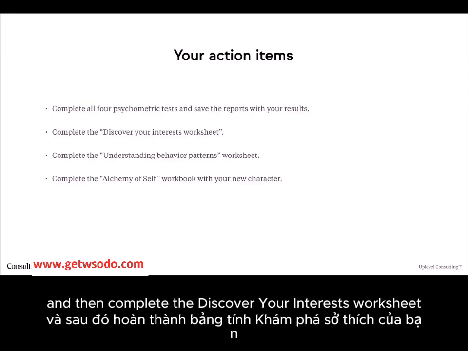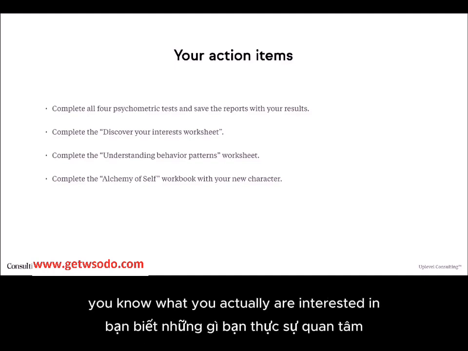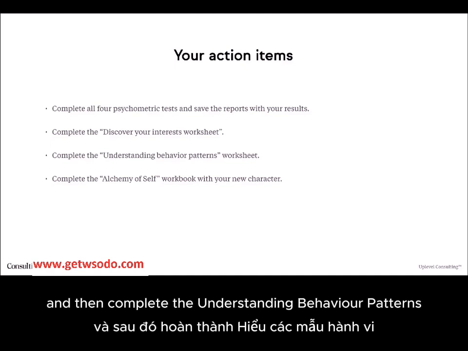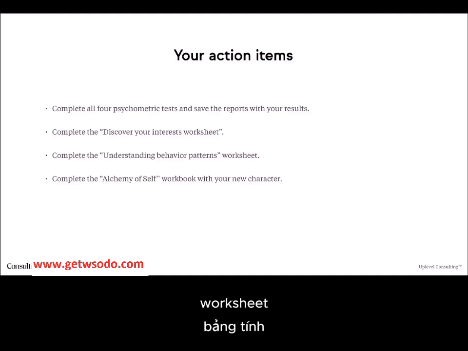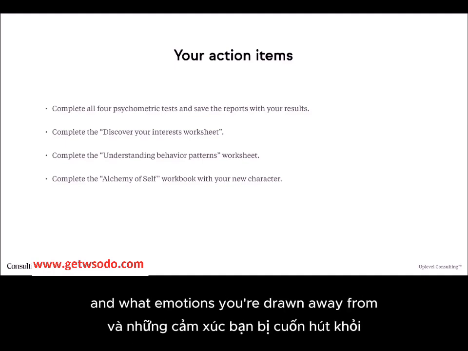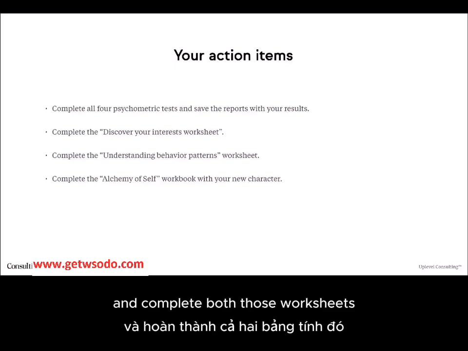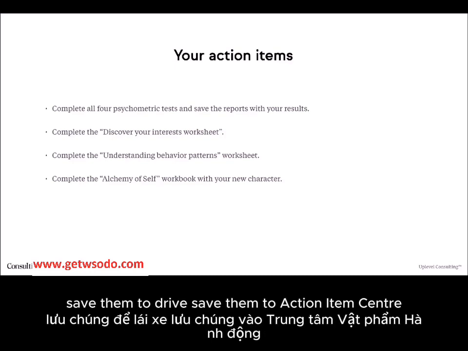And then complete the Discover Your Interests worksheet and learn about what you actually are interested in. And then complete the Understanding Behavior Patterns worksheet, and start to understand your behavior patterns and what emotions you're drawn towards and what emotions you're drawn away from. And complete both those worksheets, save them to Drive, save them to our Action Item Center.